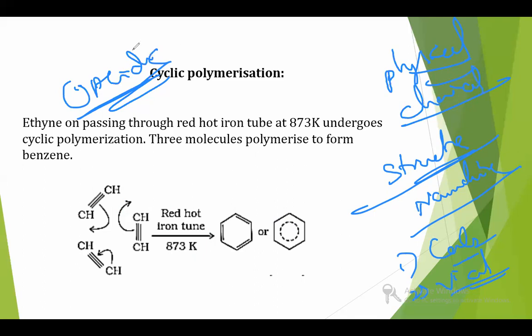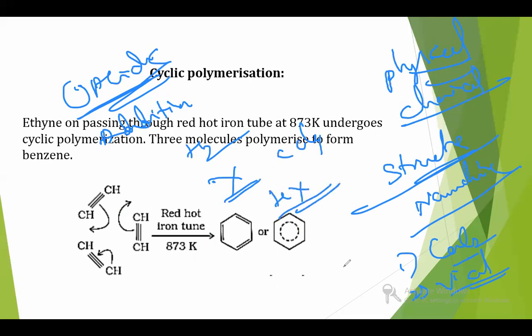Next, the addition reactions. In addition reactions, there is addition of dihydrogen using a platinum or palladium catalyst. Next, addition of halogen using CCl4, carbon tetrachloride. Next, addition of hydrogen halide, HX. Next, addition of H2O, which is difficult.